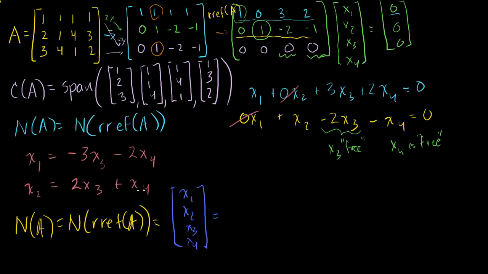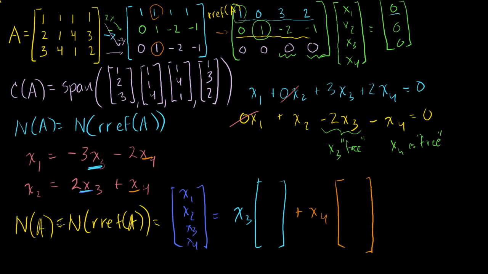These are free variables. I can make this guy pi, and I can make this guy minus 2. We can set them to anything. So x1 is equal to, let's see, let me write it this way. Let me do x3 in a different color. So it's equal to x3 times some vector plus x4 times some other vector.